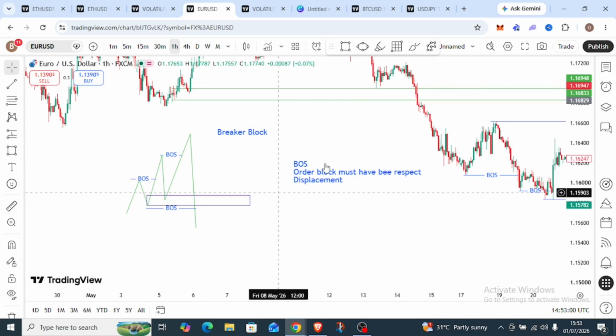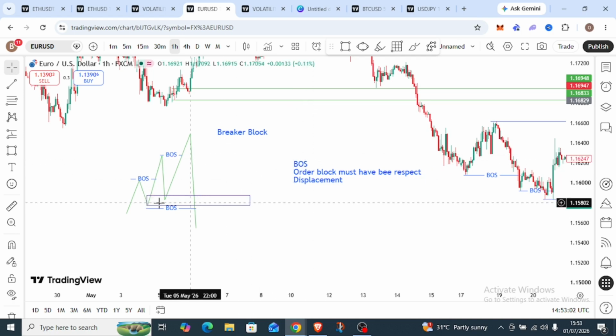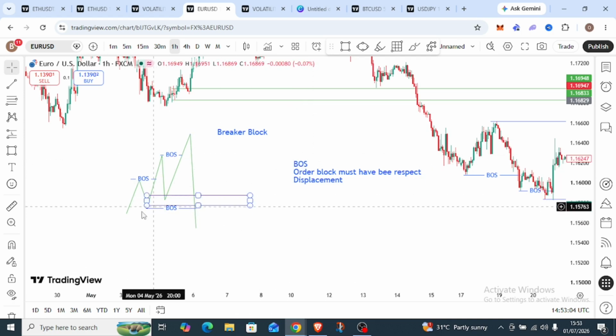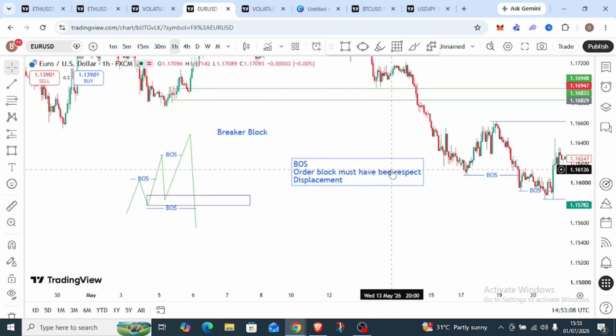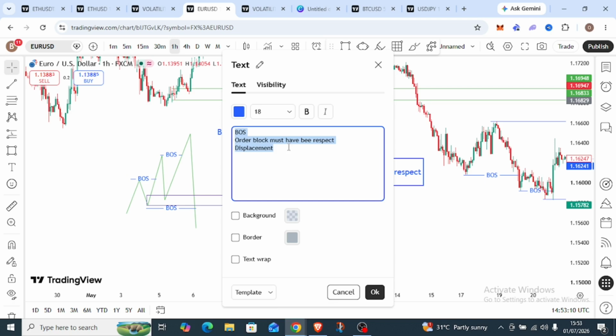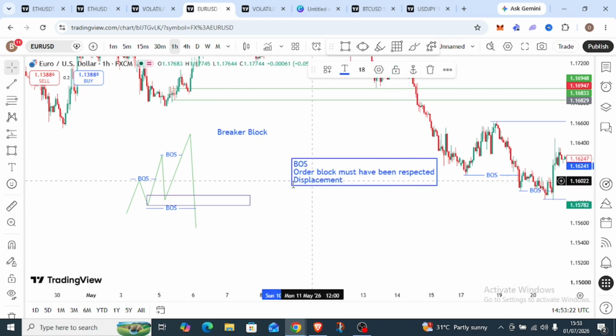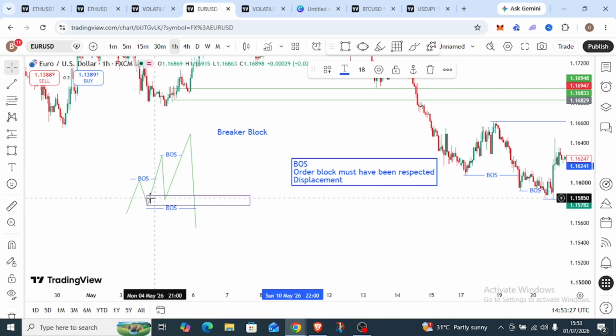Why? Because it has break of structure. This price came and closed below it, and order block must have been respected. Let me make this correction. Must have been respected. Following these our rules, this order block was respected.